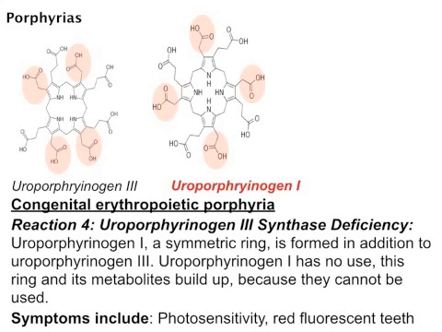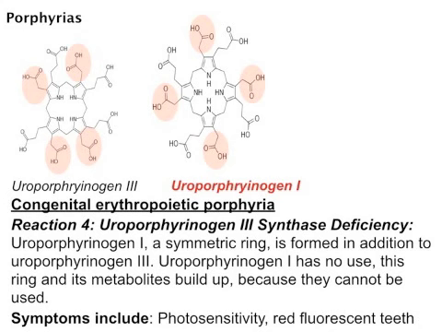This causes uroporphyrin 1, which is a symmetric ring shown on the right, to be formed in addition to uroporphyrin 3. Now the thing is that uroporphyrin 1 has no use. This ring and its metabolites build up. They build up in the enamel of the teeth and under the skin.